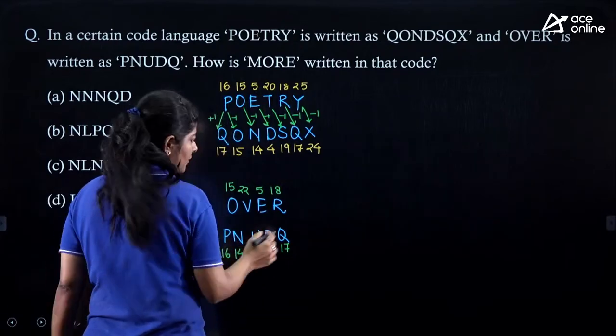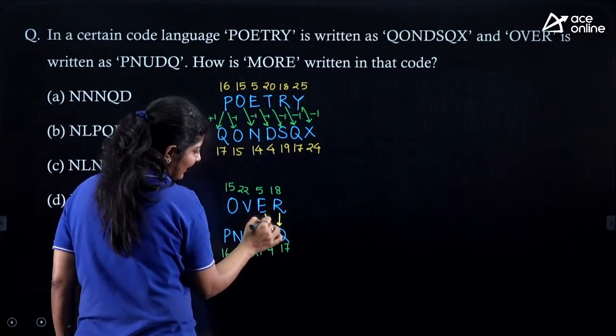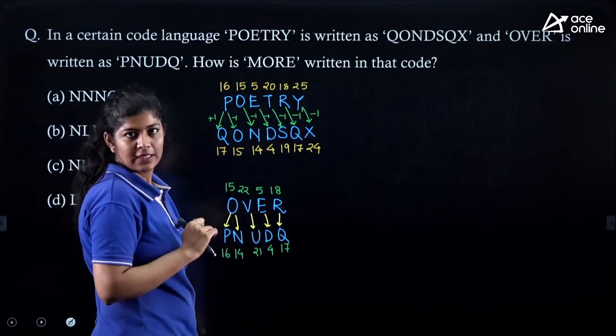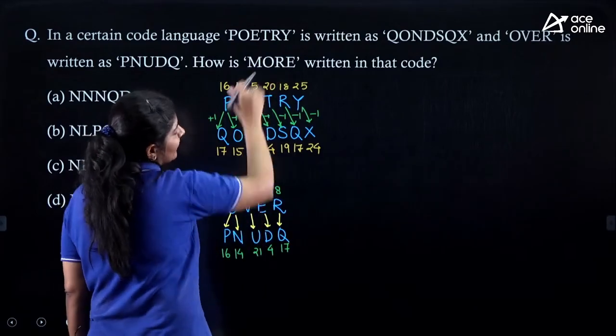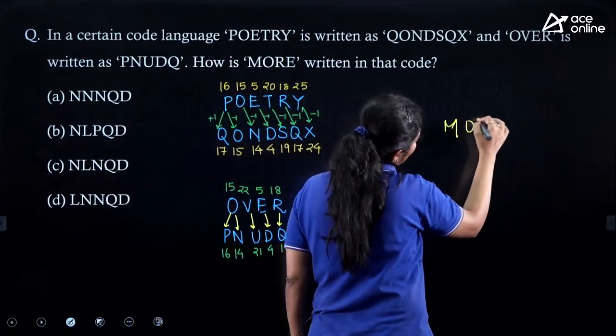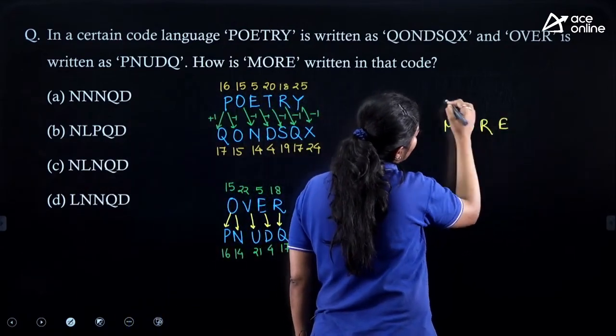So here -1, -1, -1, -1 and +1, right? So we need to apply the same logic with the word more.